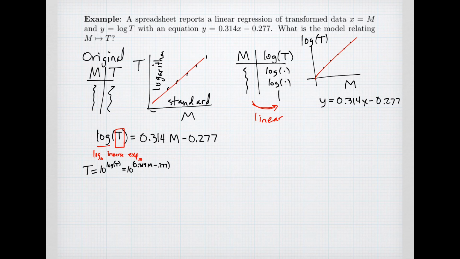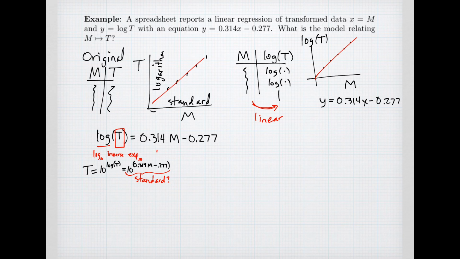And what I need to do to finish is write this in a standard form. Okay. What we're going to do is apply properties of powers. So here, if I look at my formula, I've got 10 raised to a power that's an expression, and the operation in this expression is subtraction. So what's the rule?